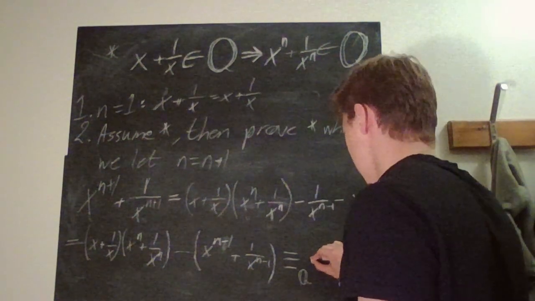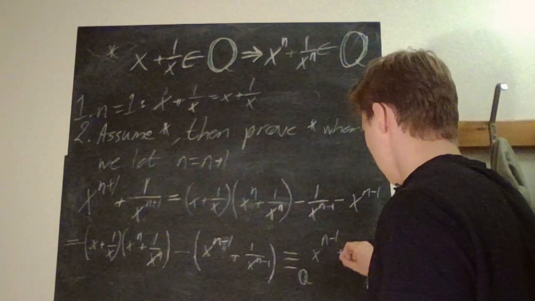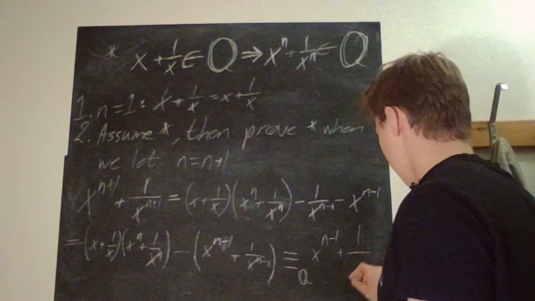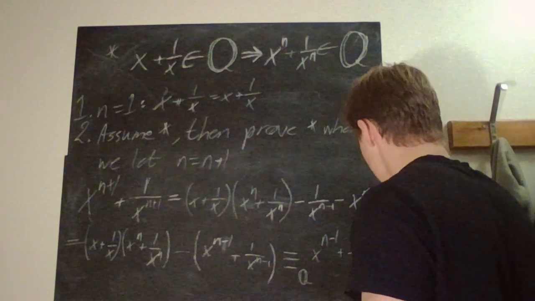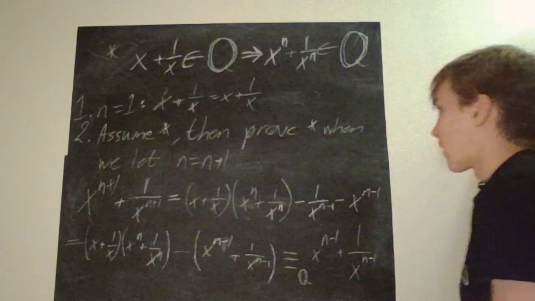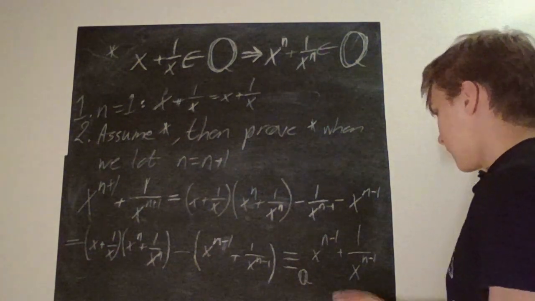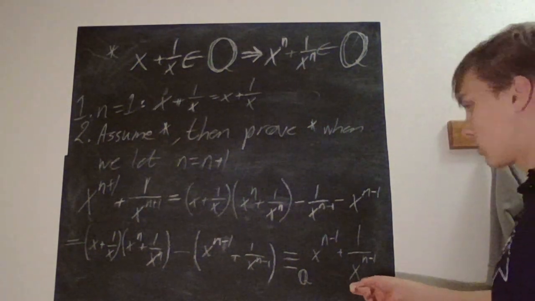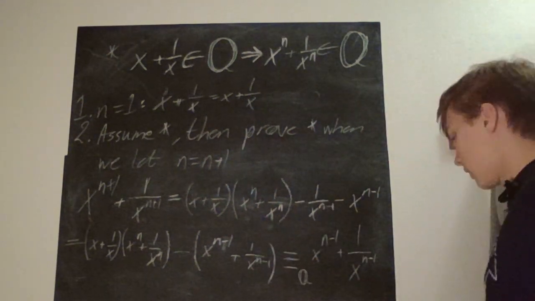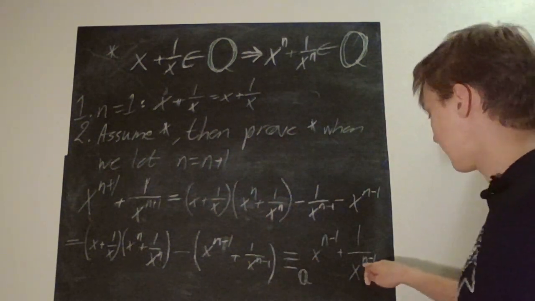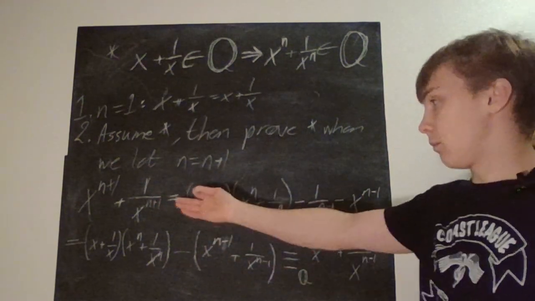So this is just x to the power of n minus 1 plus 1 over x to the power of n minus 1. And then we can just loop this around, because we could just call it n minus 1, n plus 1.